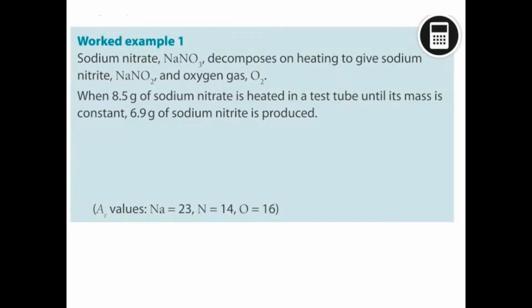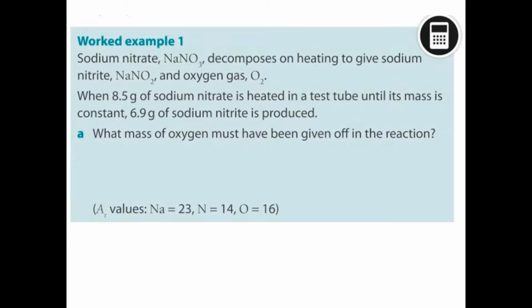Okay, sodium nitrate, NaNO3, decomposes on heating to give sodium nitrite, NaNO2, and oxygen gas, which is O2. When 8.5 grams of sodium nitrate is heated until its mass is constant, 6.9 grams of sodium nitrite is produced. What mass of oxygen must have been given off?